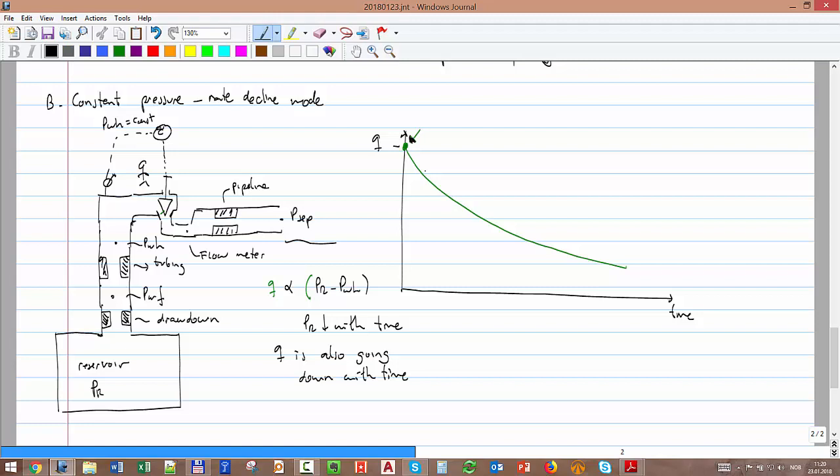So for that reason, usually this is used for satellite wells, for satellite fields, producing to an existing facility with spare capacity. Okay, typically.